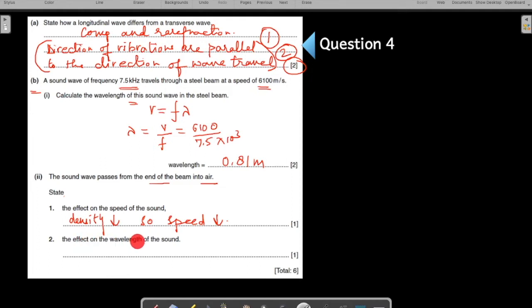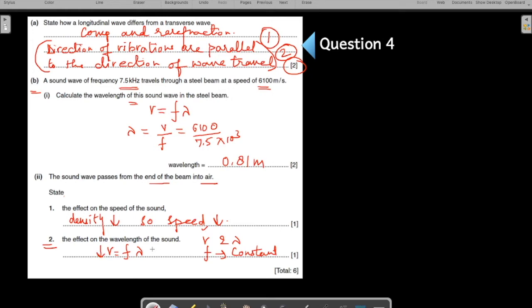What is the effect on the wavelength of the sound? Now whenever the speed is linked with the wavelength, you have to use the wave equation. V is equal to F lambda. I have already several times told you in the theory as well that the frequency is a constant for any wave. Frequency does not change. We know that the speed is going down.